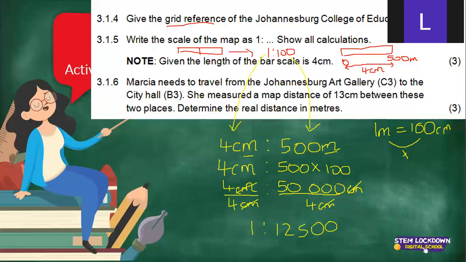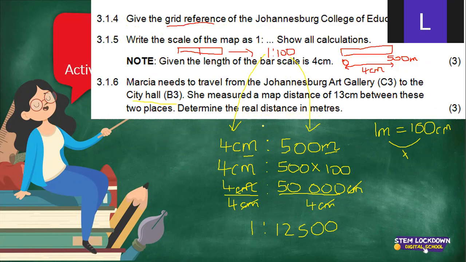So I don't really need to go to the map because everything is given in this question. It says she measured a map distance of 13 centimeters between the two places. Determine the real distance in meters.